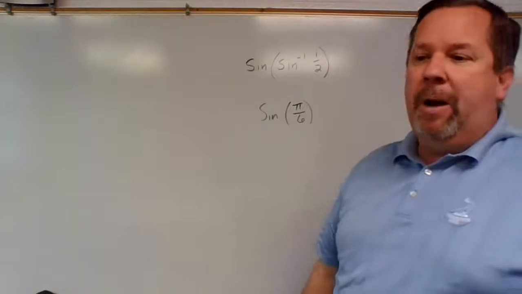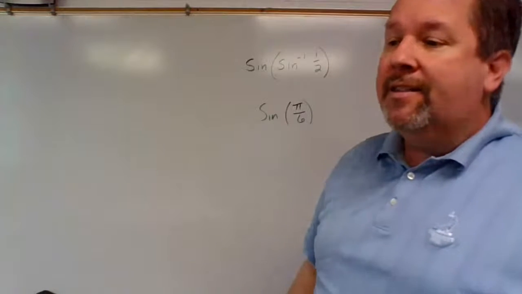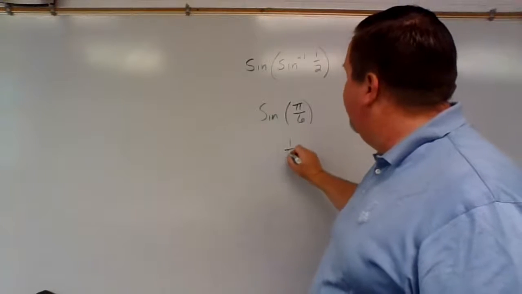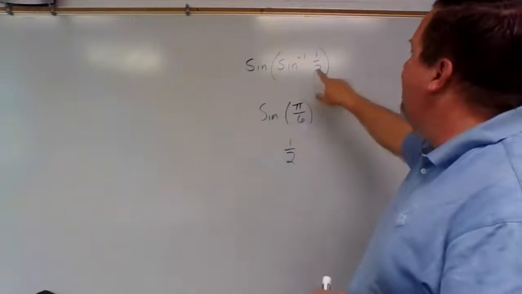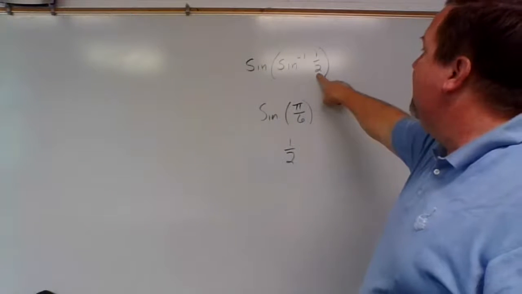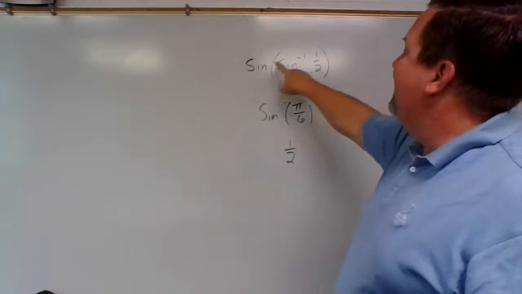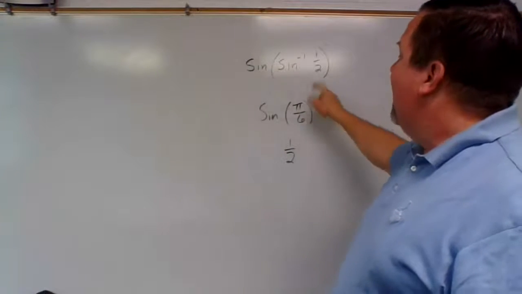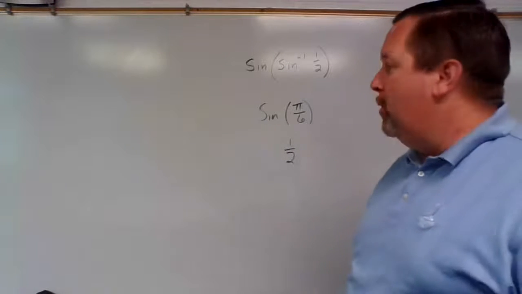What's the sine of pi over 6? Let me look at the wheel, pi over 6. The sine is 1/2. And so what I want you to see is all that did was take me right back to the beginning. I did the arc sine of 1/2, and then I did the sine of that, and I ended up right back at the beginning, right back at my x value at 1/2.